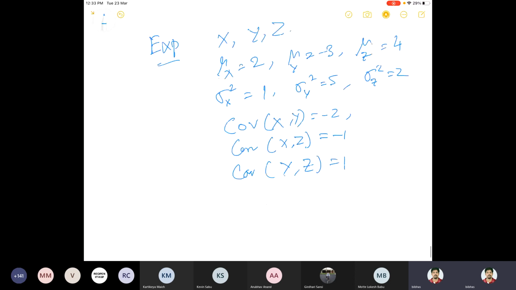Then suppose the question is to find the mean and variance of a new random variable, which is a linear sum of these random variables, let's say w, which is 3x minus y plus 2z. Then you can use the formula which we discussed and find the mean and variance of this random variable. So this is a typical example of this kind of thing.